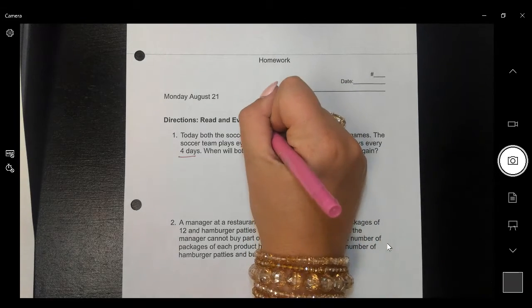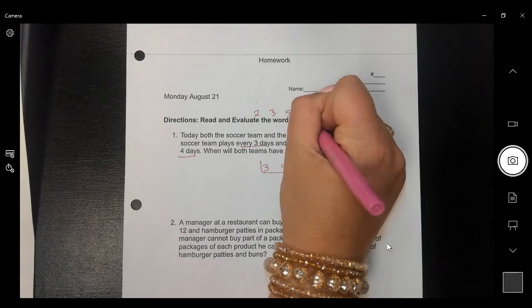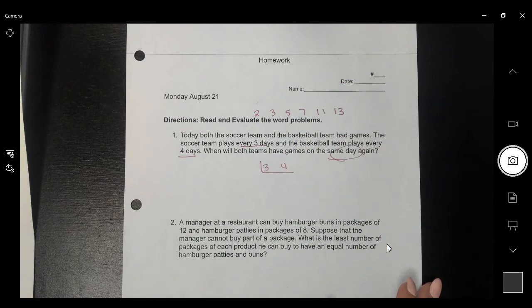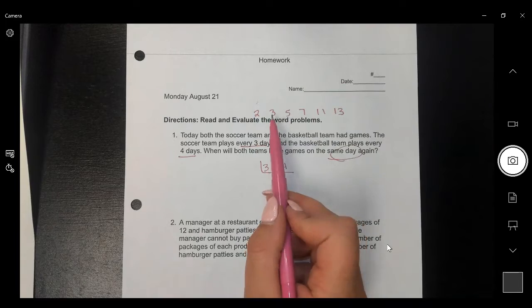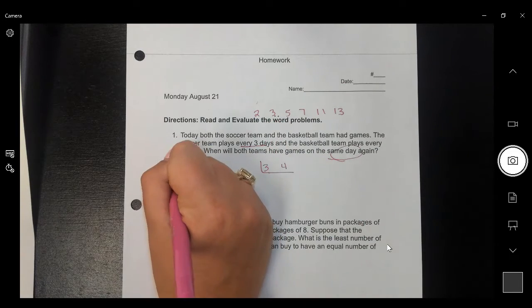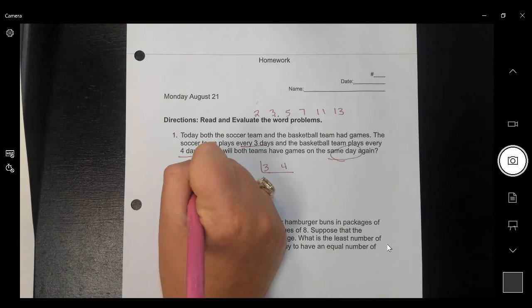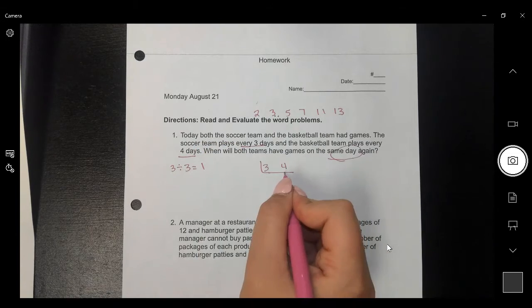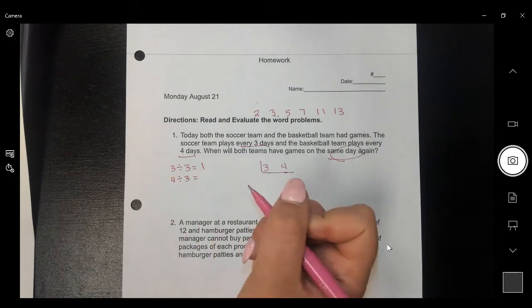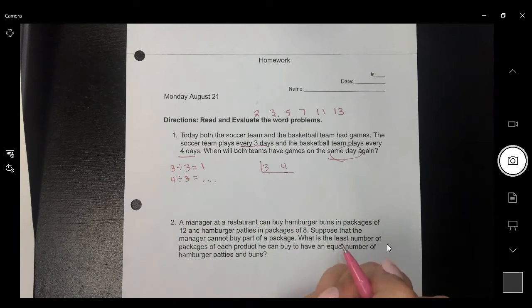And my numbers I try are 2, 3, 5, 7, 11, 13. Because 3 is in our list that we try, we try 3 first. So I'm going to come over to the side and draw some notes. I know that 3 divided by 3 equals 1. Then I'm going to try 4. 4 divided by 3 is going to give me some kind of decimal number.